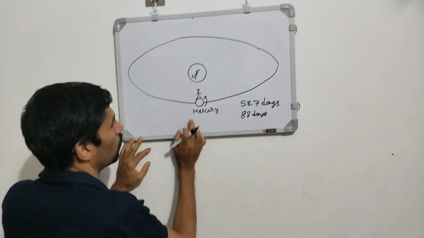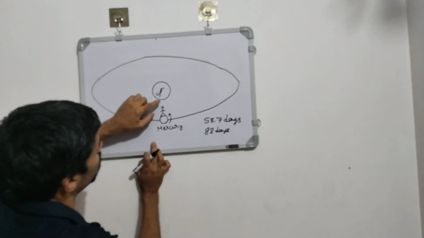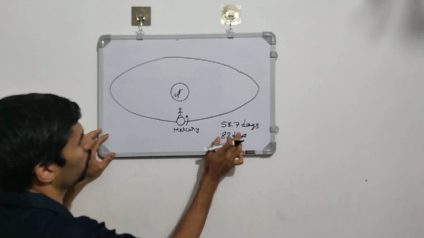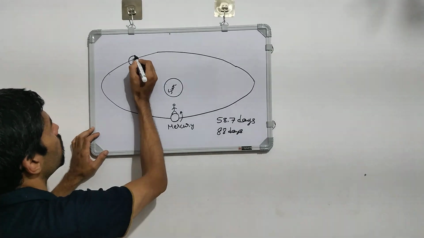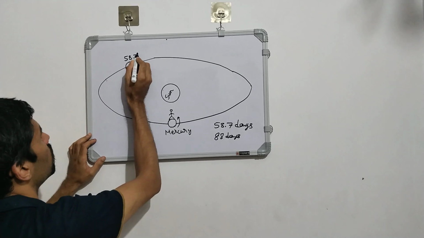See here, now the Mercury is here and the sun is directly overhead the person who is standing on this planet. Now after 58.7 days, the Mercury comes here. It has completed one complete rotation on its axis with respect to some distant star.